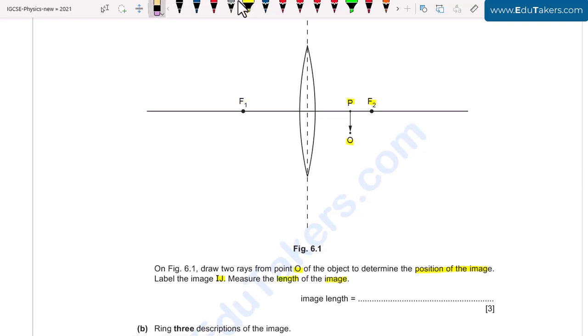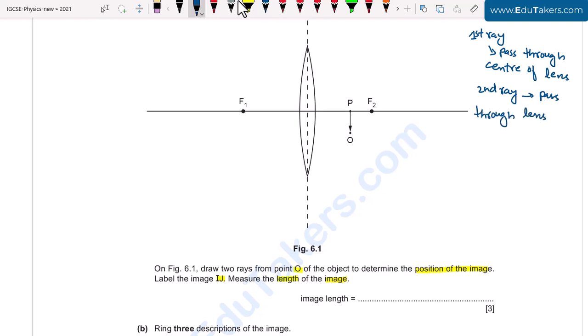First of all, we have to draw the rays. The first ray passes through the center of the lens. The second ray passes through the lens parallel to the optical axis, and after refraction passes through F1.